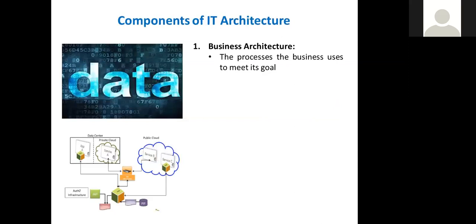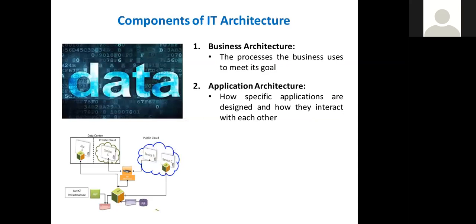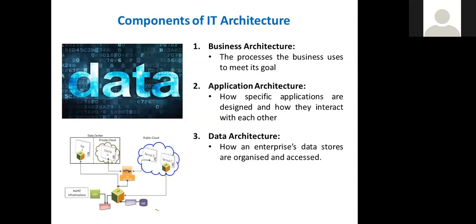So the very first architecture is the business architecture, and from there you build your other architectures, like the application architecture, that is the applications that are needed to meet and achieve the business objectives. Data architecture: how data will be captured, processed, and used within the organization. What types of reports would be produced?